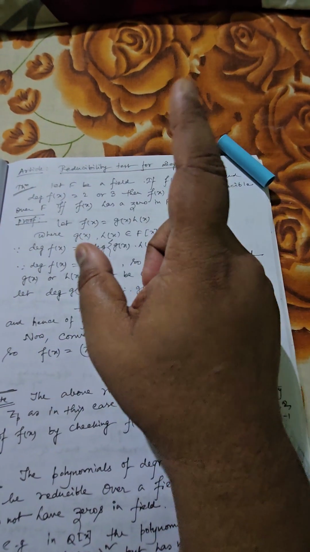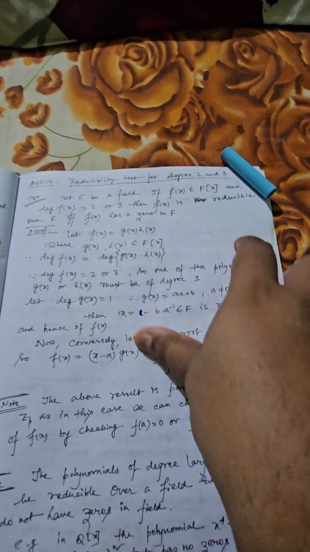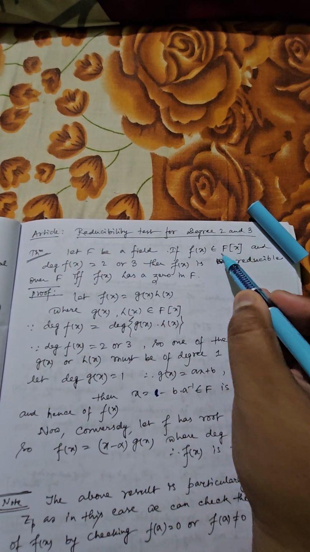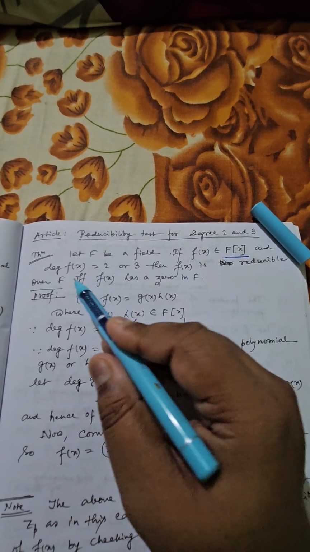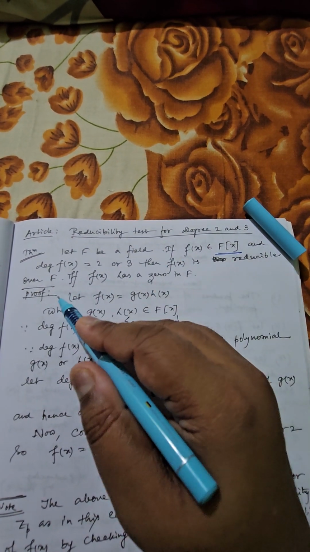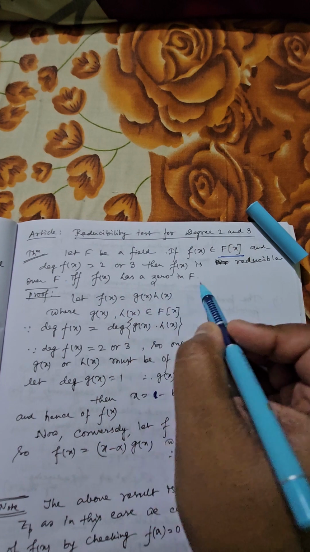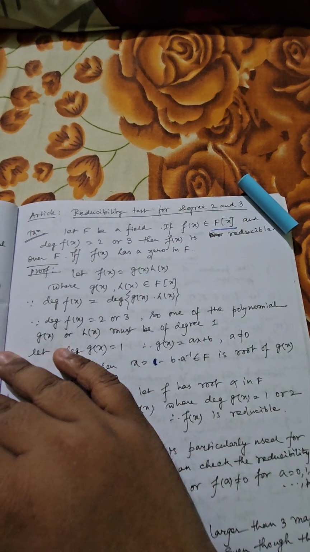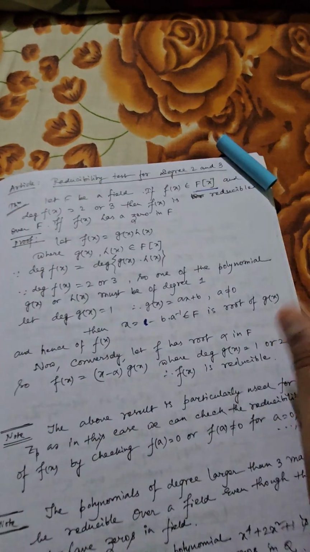Now the result is very important, so let us consider the statement of this theorem. Let F be a field and f(x) belongs to F[x], the ring of polynomials, and degree of f(x) is either 2 or 3, then f(x) is reducible over F if and only if f(x) has a zero in F. That is very much similar to the previous criteria by means of which we have solved the example.